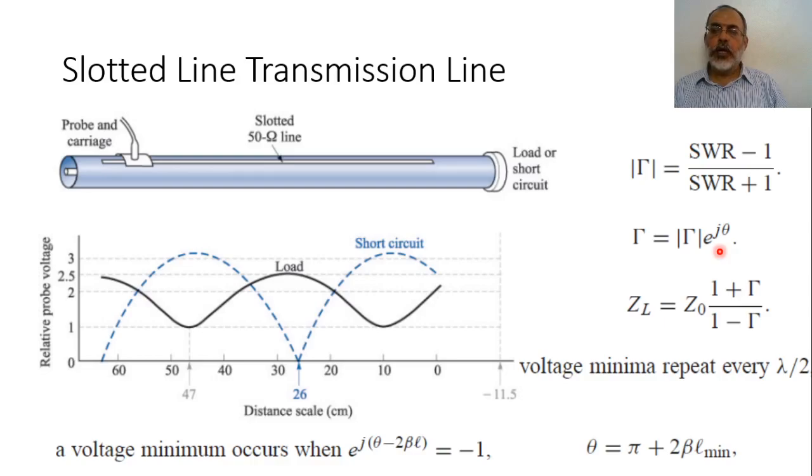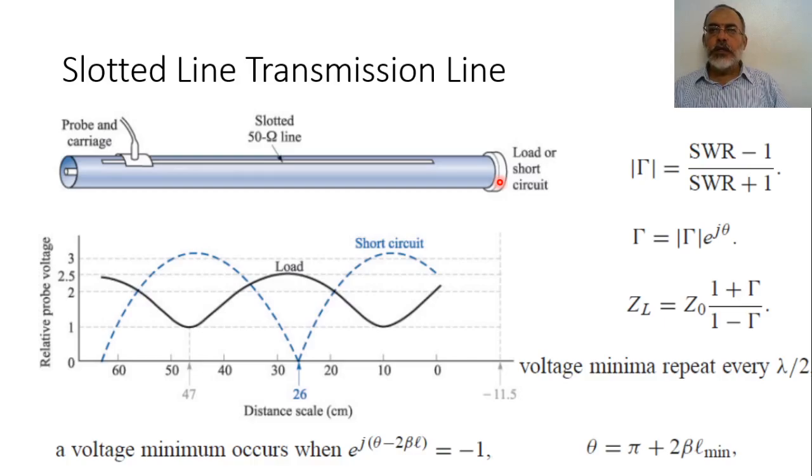A well-known load which has a well-known reflection coefficient is a short circuit. So if we replace the load by a short circuit, the reflection coefficient of the short circuit is gamma equals minus 1.